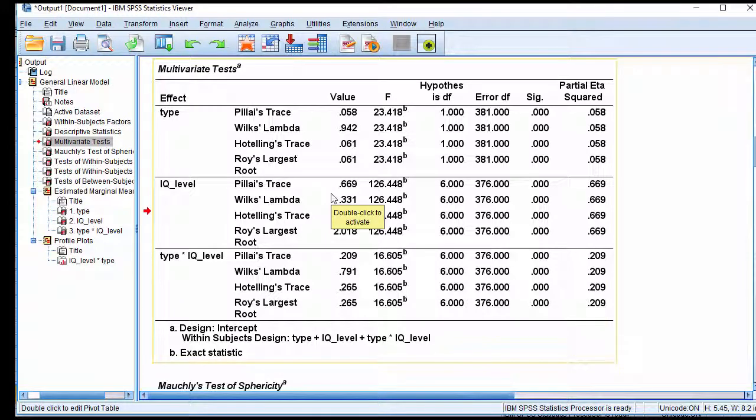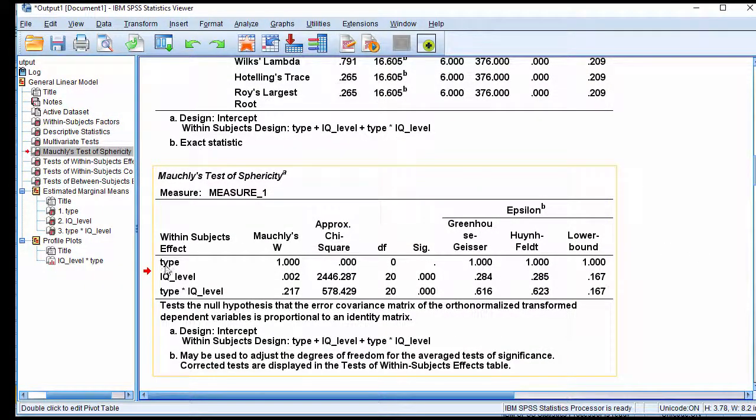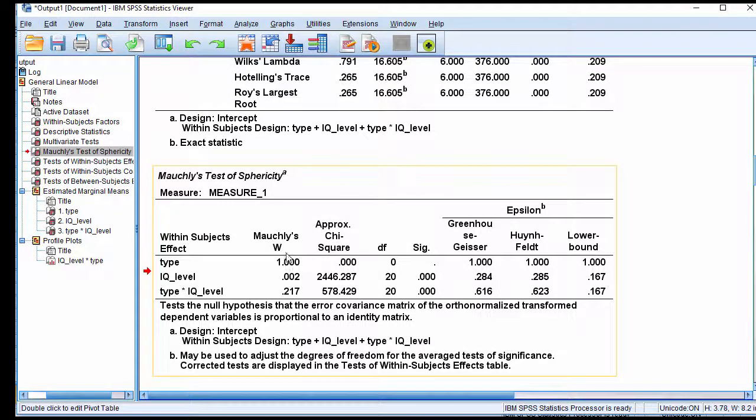Multivariate tests table you can ignore. Test of sphericity. For relationship type, there is no test because there are only 2 levels there. And then for IQ level, we do have a statistically significant sphericity test. Therefore, the assumption of sphericity has been violated via Mauchly's W, and we should focus on the Huynh-Feldt adjustment.